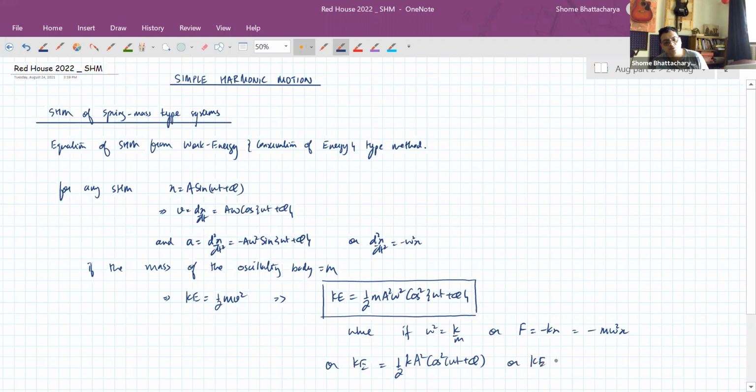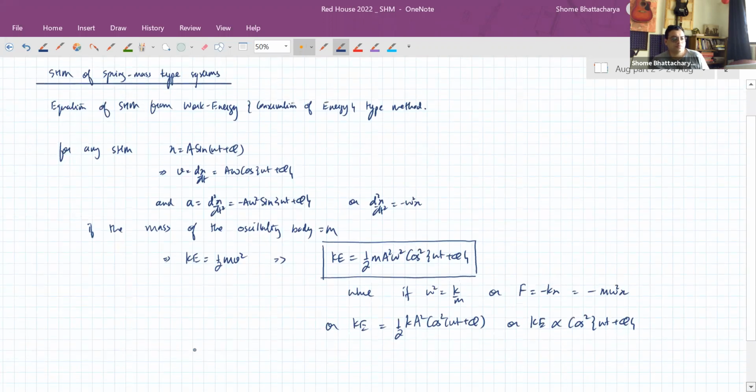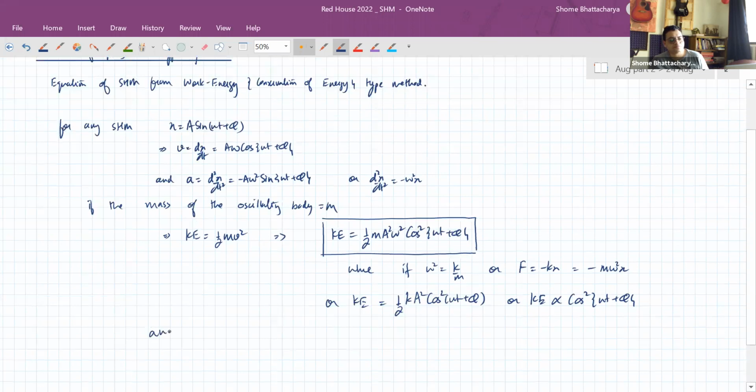Kinetic energy is proportional to the cos square function of time. And potential energy can be expressed as half kx square. This is because F is equal to minus kx.